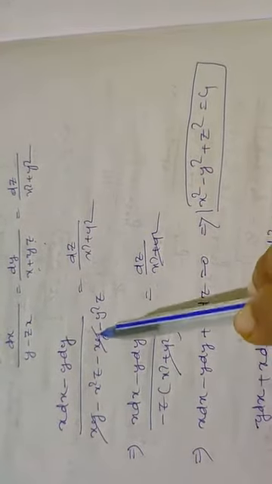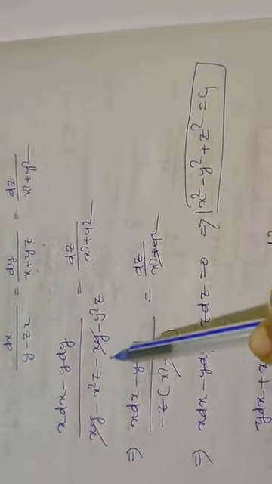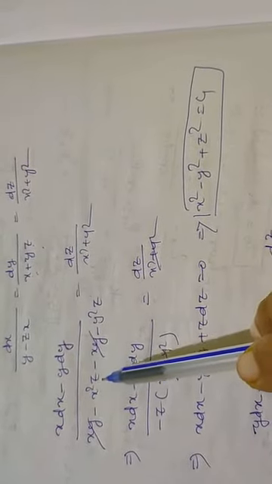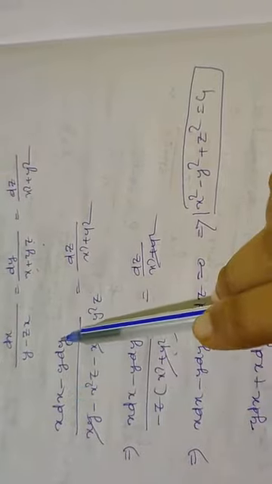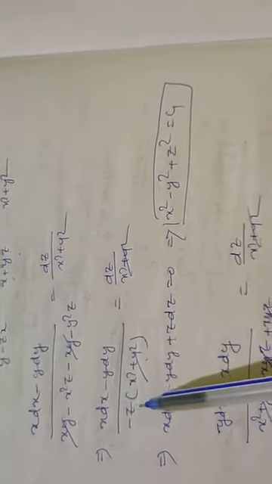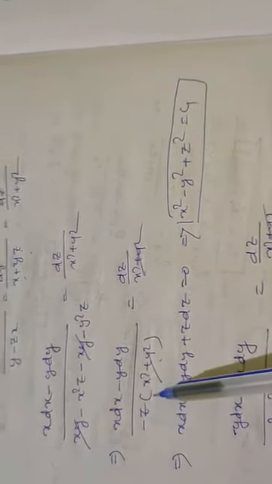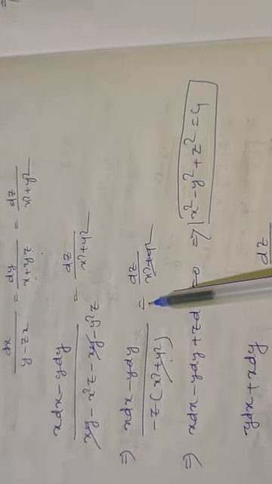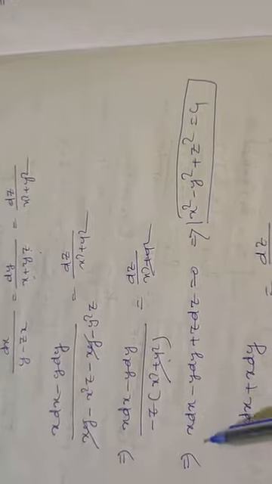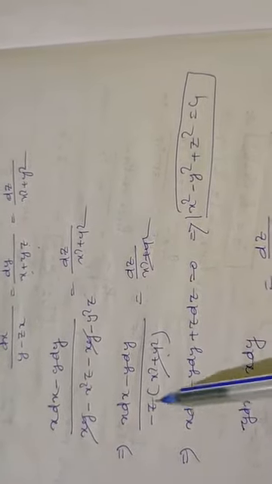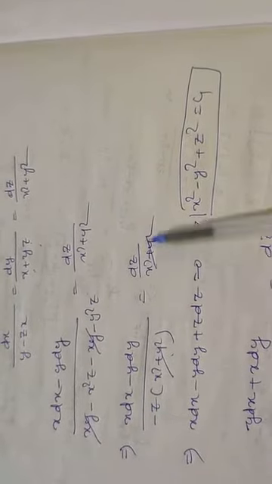So xy is cancelled and it can be written as −z(x² + y²). So x dx − y dy over −z(x² + y²) is equal to dz/(x² + y²). Okay, so x² + y² is cancelled out.